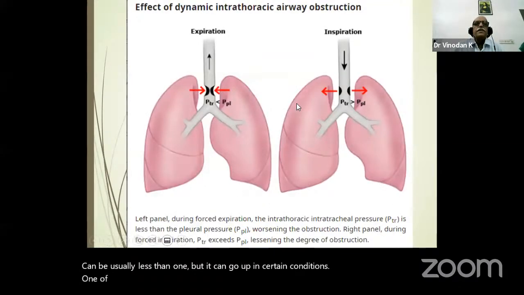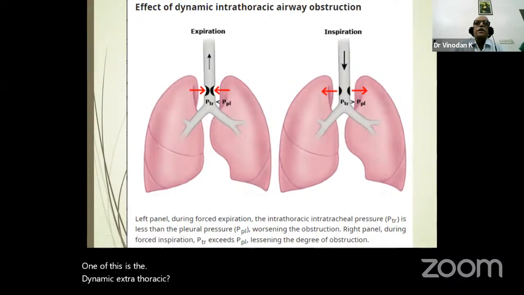One of these is the dynamic intrathoracic airway obstruction. In this, you can see in the left panel that during expiration, this is the intrathoracic obstruction.